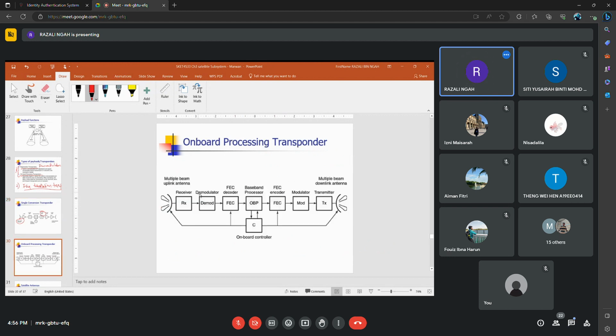So in this diagram for the onboard processing transponder, we have a demodulation circuit here, and then we need a modulator to modulate again.